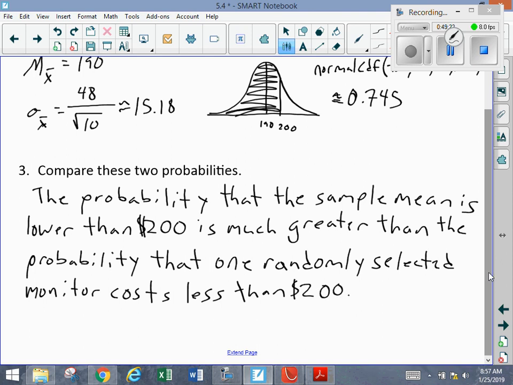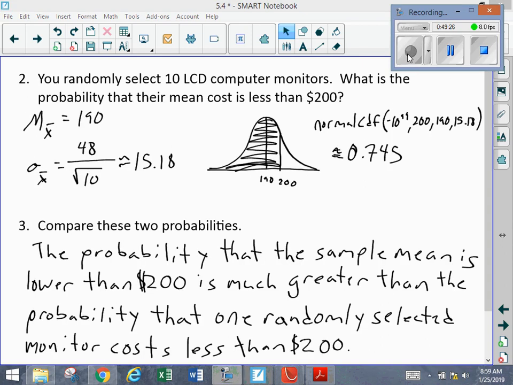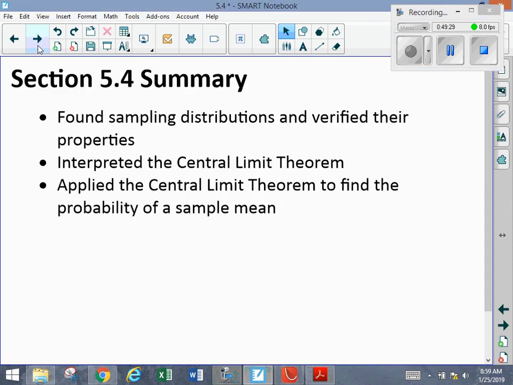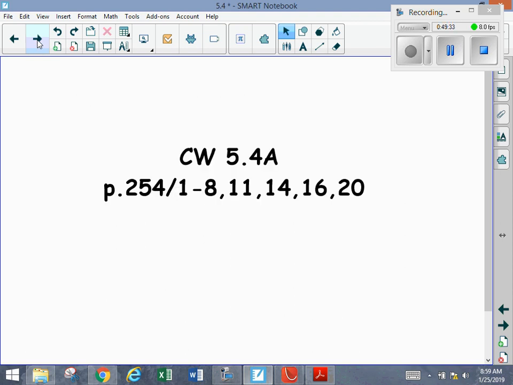Cool. And there we go, there's a 5.4 summary. That's what we did. And that is the assignment for 5.4.